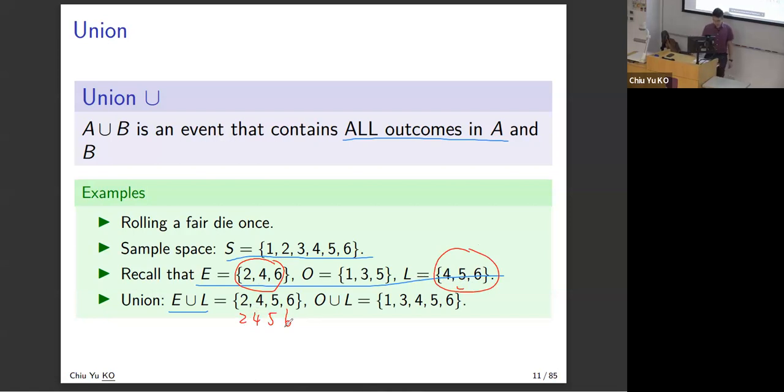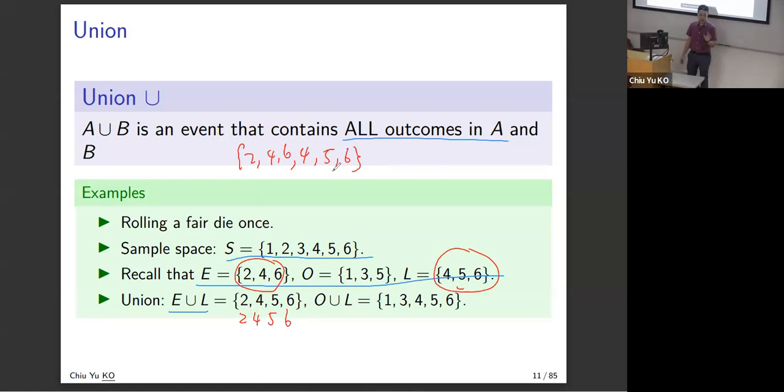That's how you write it. One of you might ask why I don't write 2, 4, 6, 4, 5, 6, which is the simplest. Yes, you can write that, but in set theory, if something repeats itself, it has no meaning. It's the same thing.